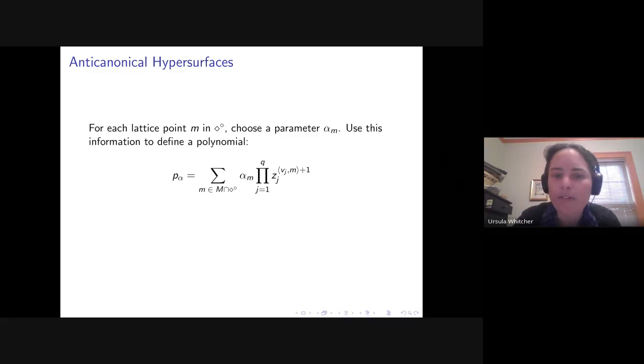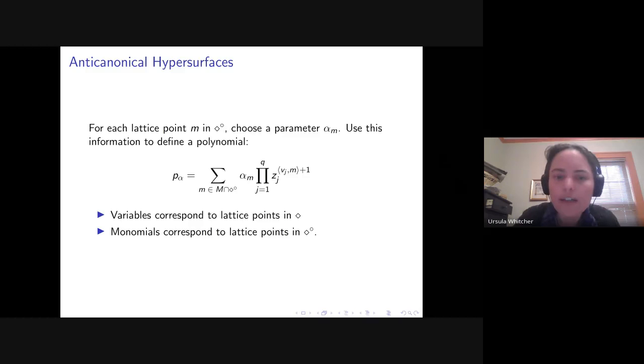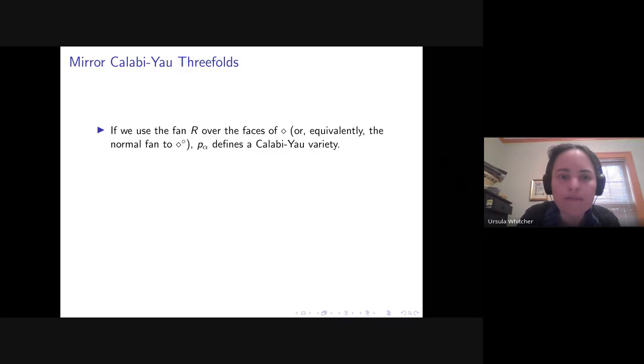I add up over all of the possibilities and I get some kind of polynomial. So again, my variables look like lattice points in my original polytope. My monomials look like lattice points in my polar dual polytope. So you've got this polynomial construction that's really giving you a tight relationship between each side of your mirror relationship.